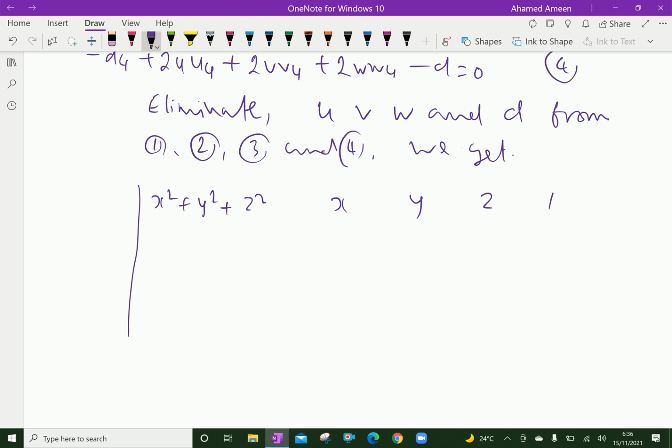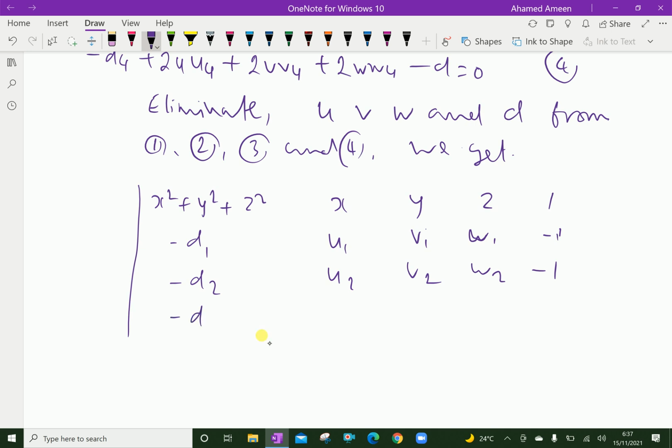Then second row: minus d1, u1, v1, w1, minus 1. Then minus d2, u2, v2, w2, minus 1.